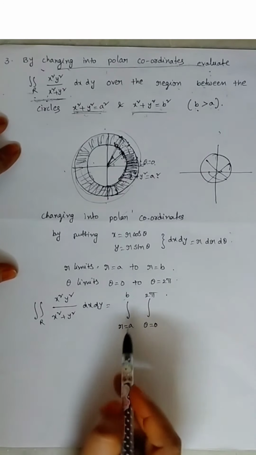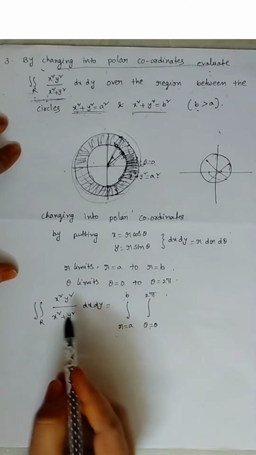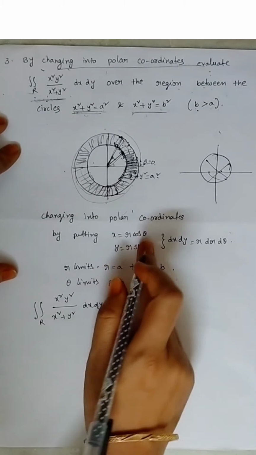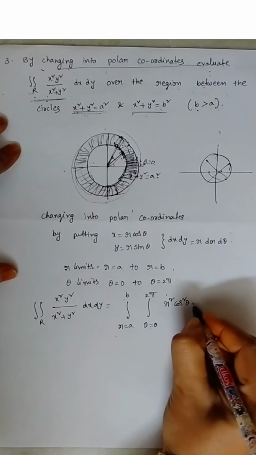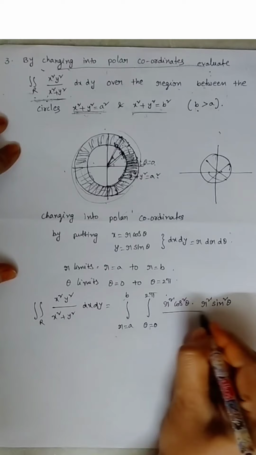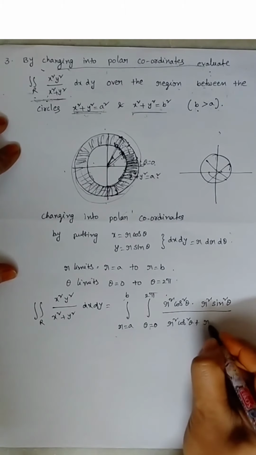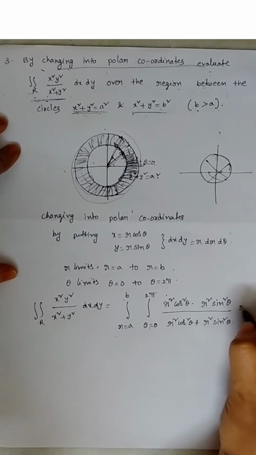The limits change to r equals a to b, theta equals 0 to 2 pi. Putting x equals r cos theta, we get r square cos square theta into r square sin square theta by r square cos square theta plus r square sin square theta, into dx dy, which means r dr d theta.